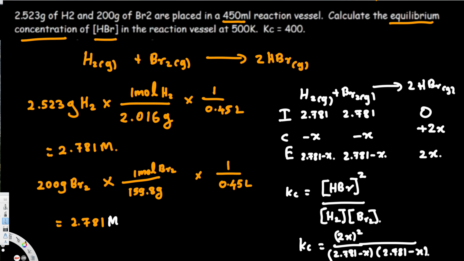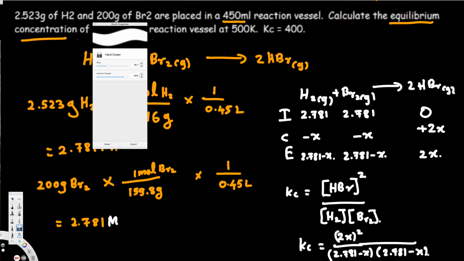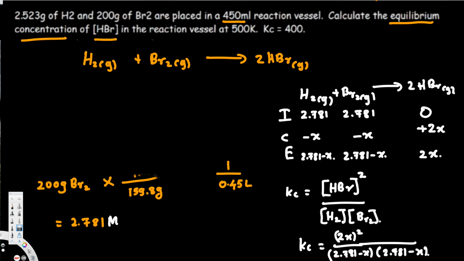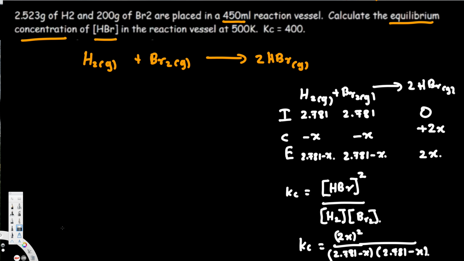I'll get rid of this part, we need space, right? So let's get rid of this part right here. So let's solve this one. We have the Kc equation right here.